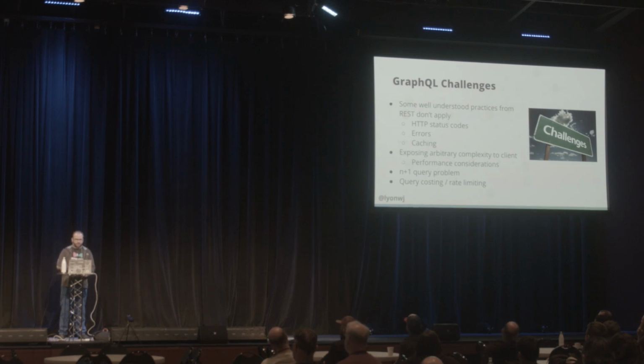Another challenge is exposing arbitrary complexity to the client. If the client is free to select whatever fields and traversal it wants, how do we on the back end make sure that we don't run into performance implications there? Another problem is what's called the N+1 query problem.